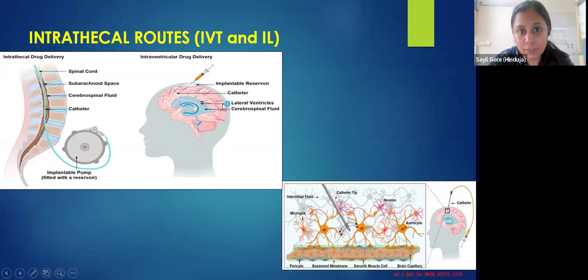The second picture is of intraventricular drug delivery, where there is an implantable reservoir placed just under the scalp, and there is a catheter which is instilled directly into the ventricles, where, as I mentioned in my first few slides, the choroid plexus is present. It is producing the CSF. The reservoir is implanted directly into that space where the CSF is produced.